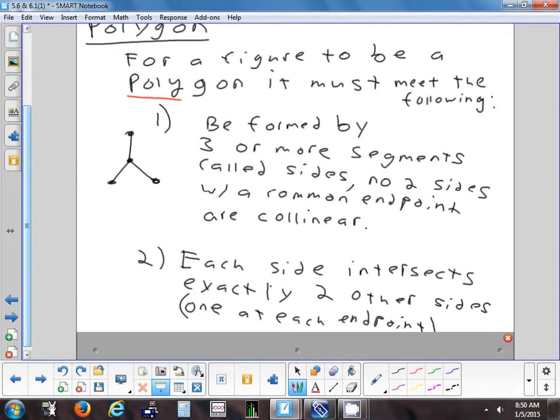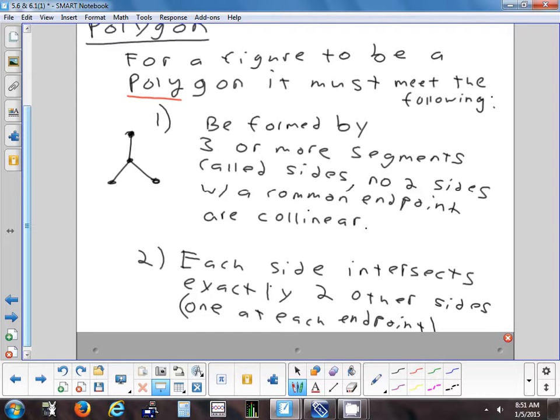Well, that shape doesn't do that. First of all, in the middle here, we've got 3 all intersecting, not 2. And then up at the top here, we don't have any intersecting at that point. So for each one of these dots, it has to have 2 segments going into it. This one only has 1, this one has 3.